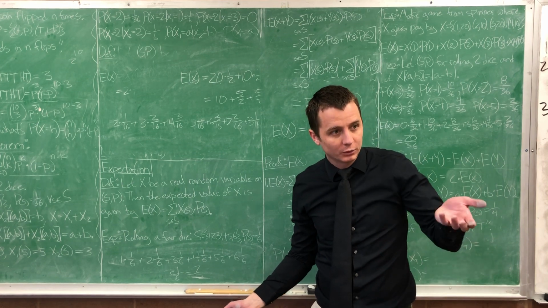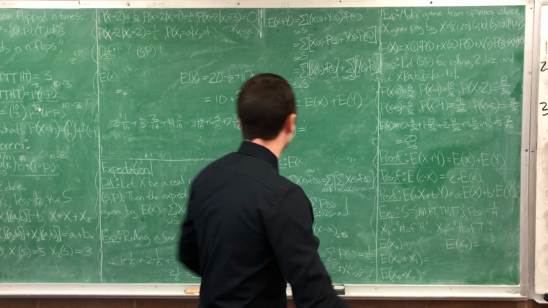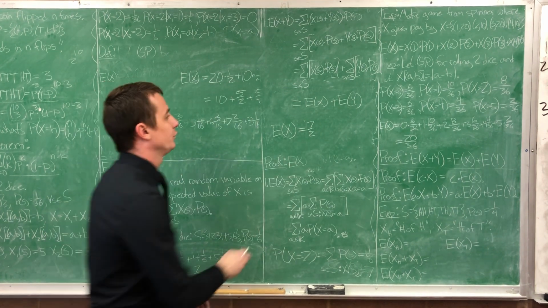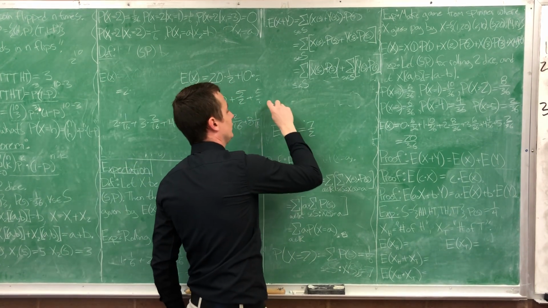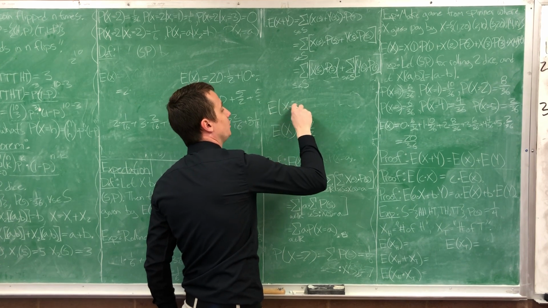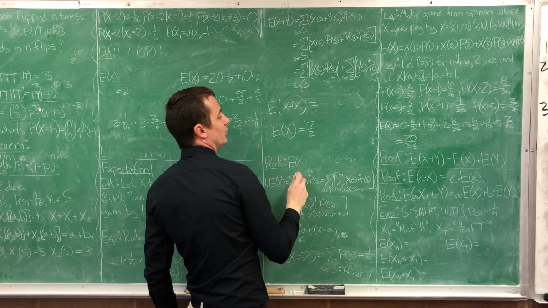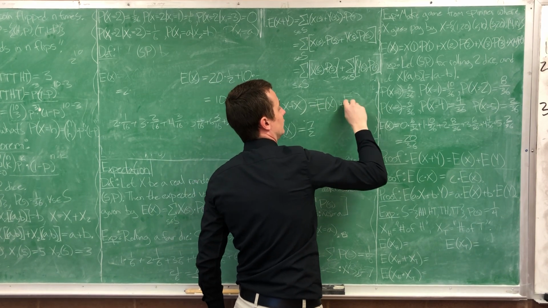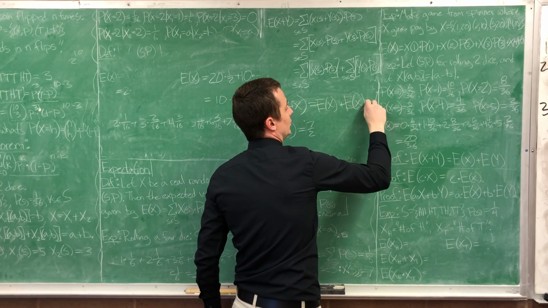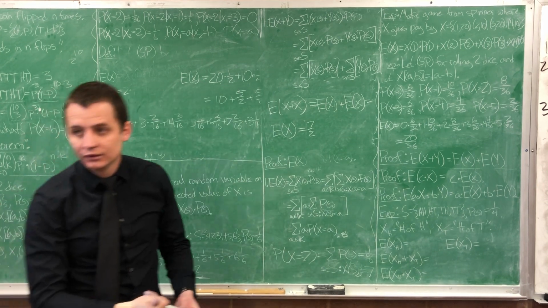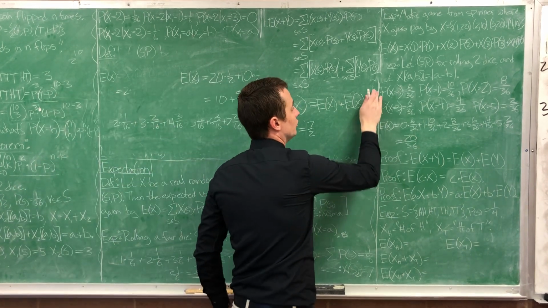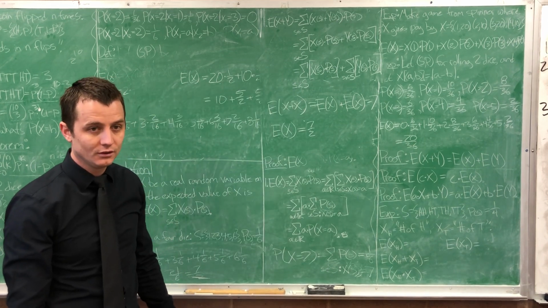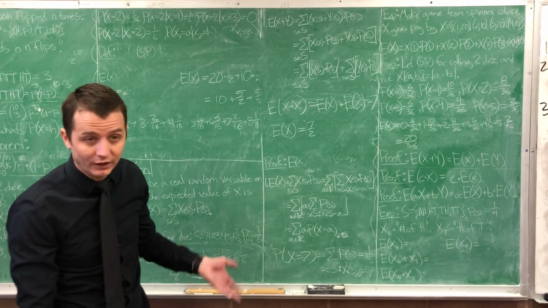That's the expected value for when you roll just one die. So what's the expected value for when I roll two dice? What's the expected value of x plus x? Well, that's the expected value of x plus the expected value of x, so you get the expected value of x times 2, which is going to be equal to 7. So that's the expected value for rolling two dice.